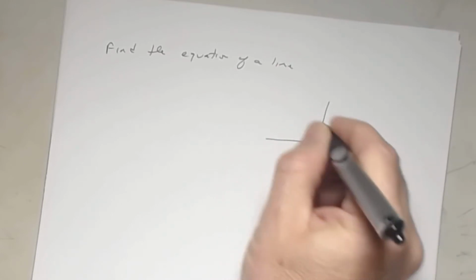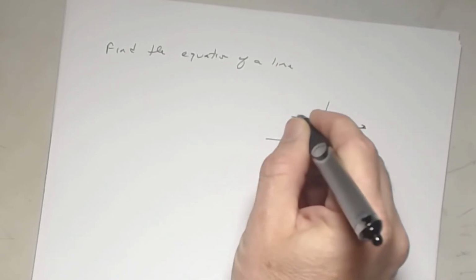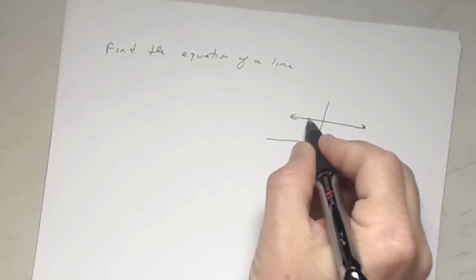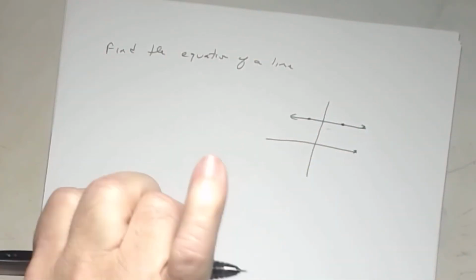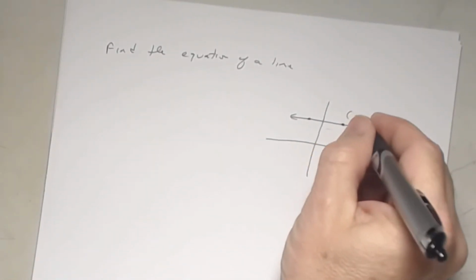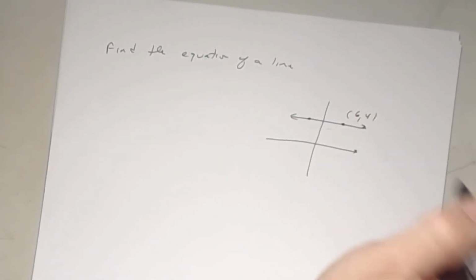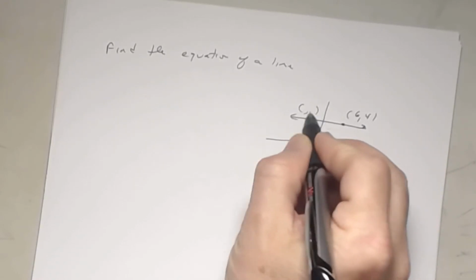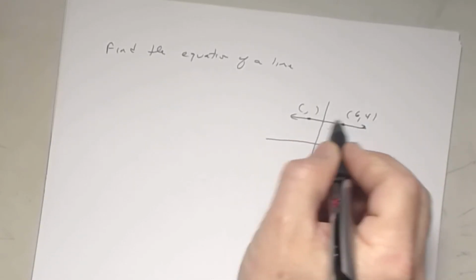Let's look at this horizontal line right here. You all agree that's a horizontal line? I'm going to pick 2 points on this line. Let's say for our purpose that this point here is 6, 4. Then for this point here, which of these coordinates is going to be the same as this one?